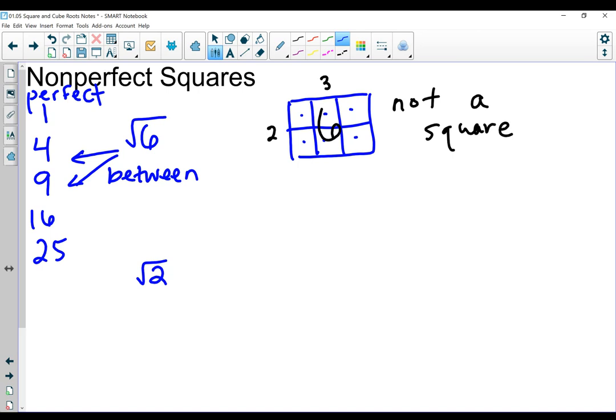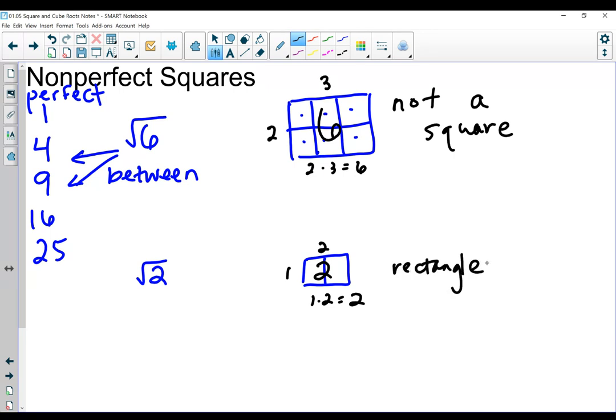The other way is if I go to draw this, to get 2, I end up with a 1 by 2 shape. 1 times 2 is 2. I'm not multiplying a number by itself, and it is a rectangle, not a square. Squares would have to be the same on both sides. So square root of 2 is not going to be a perfect square either. So that's another non-perfect square.